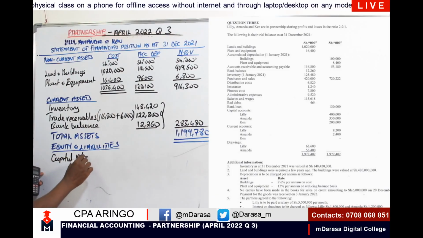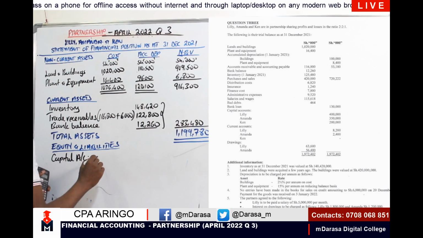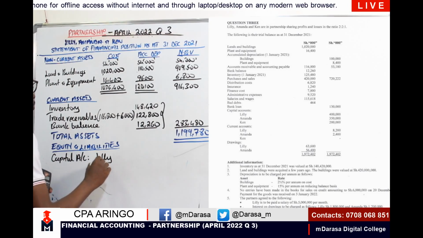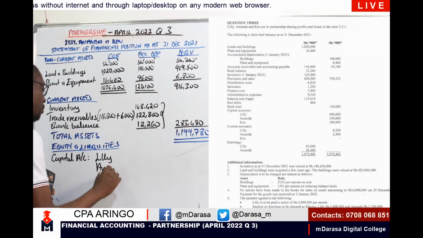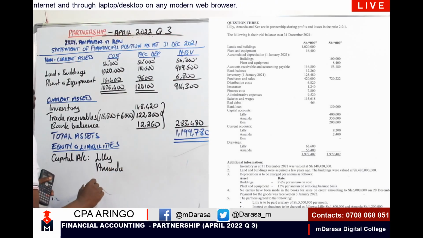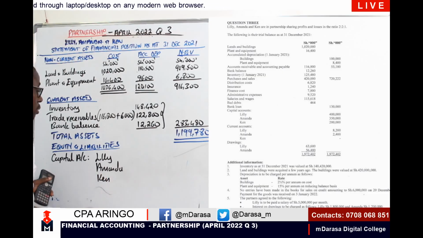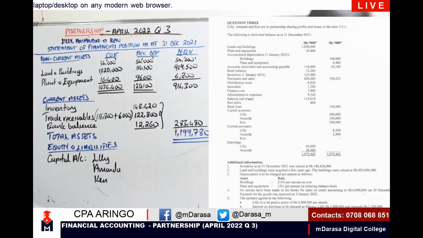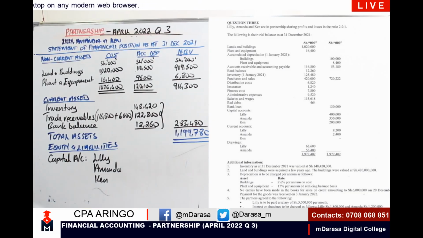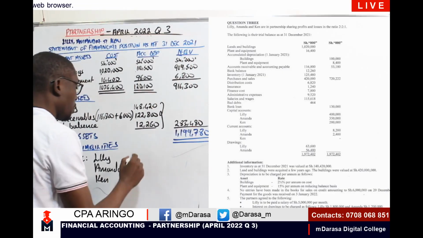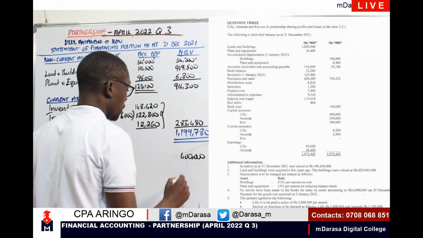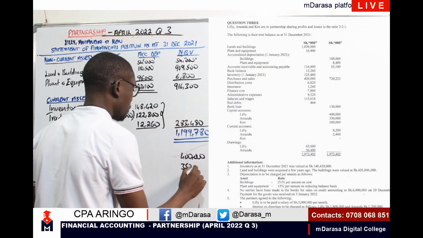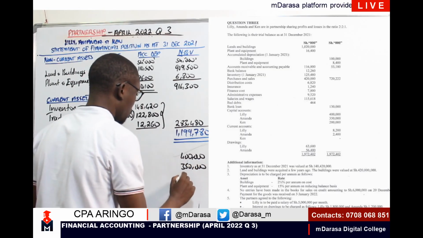Capital accounts for Lily, Amanda, and Ken. Pick the figure directly there. I'm having 400,000, 350,000, as well as 200,000.